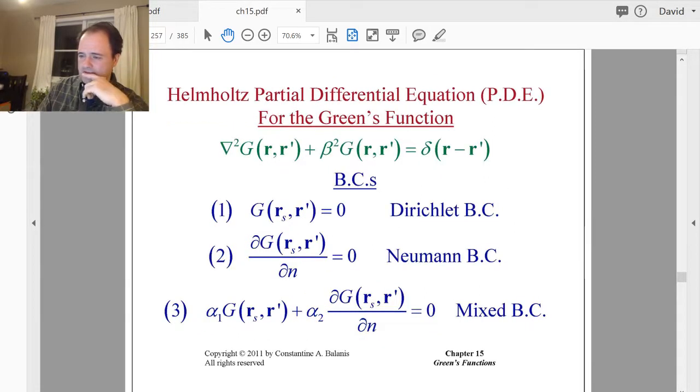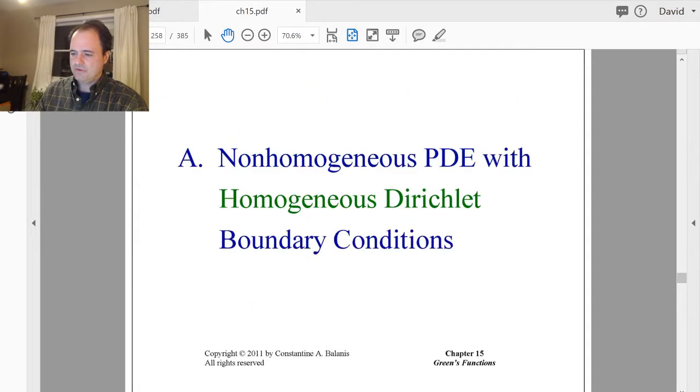The Green's function has to satisfy the same boundary conditions, although we'll come across some cases where we don't have the Green's function obey the same. But for the most part, it should, to make things easier. So let's look at case A, non-homogeneous partial differential equation with homogeneous Dirichlet boundary conditions.